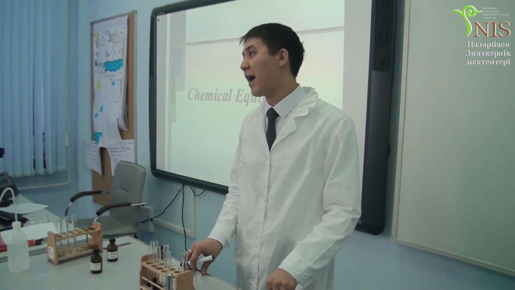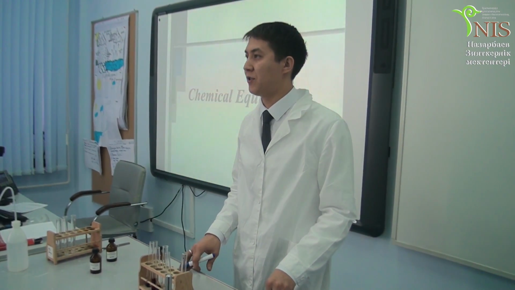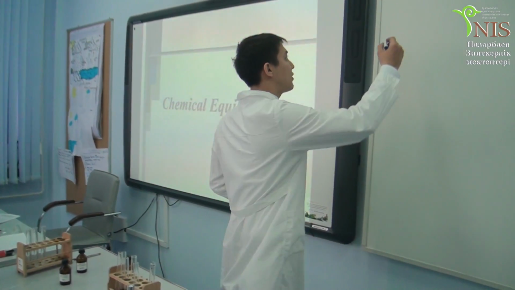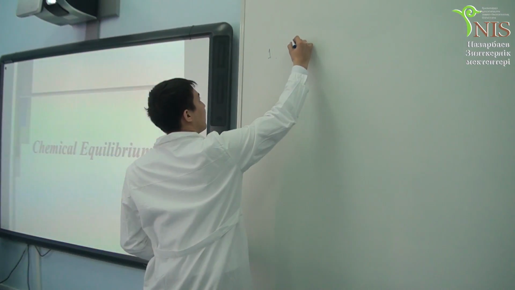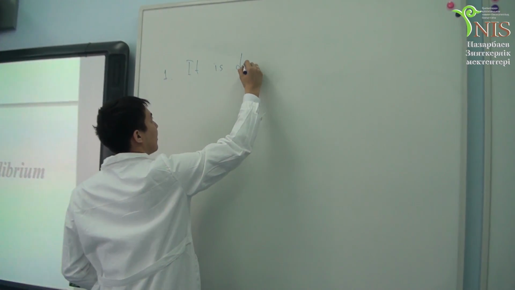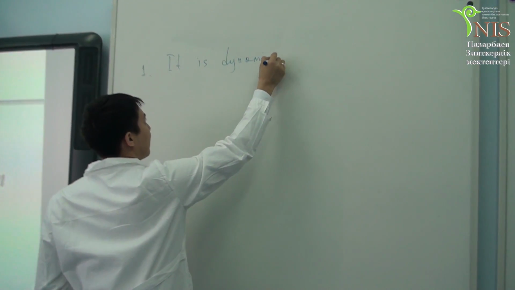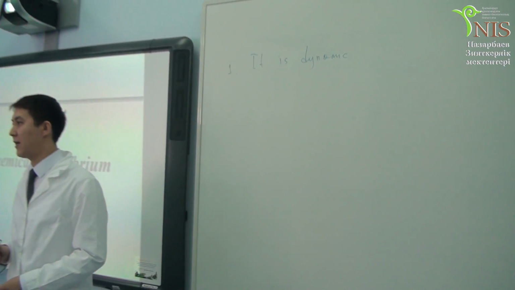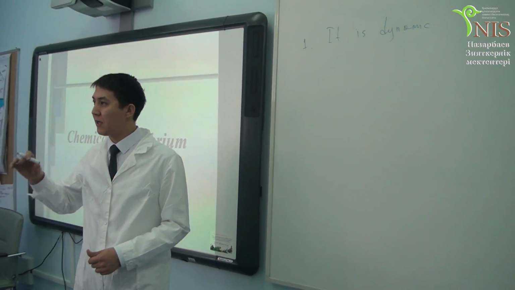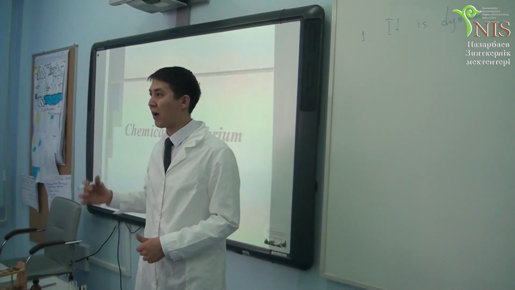An equilibrium reaction has four particular features at constant conditions. The first thing is it is dynamic. The second characteristic is that the rate of the forward reaction is the same as the rate of the backward reaction.